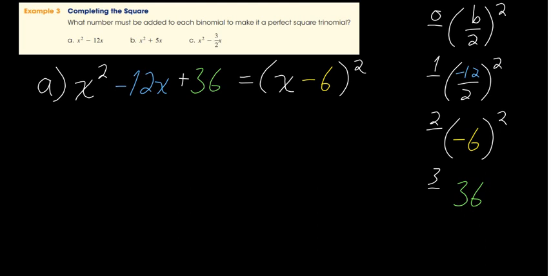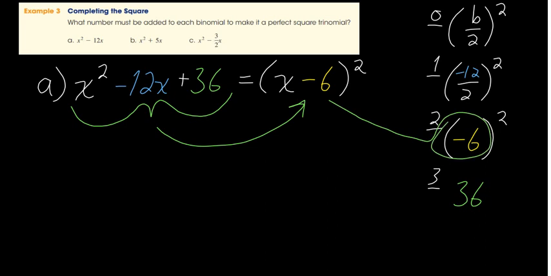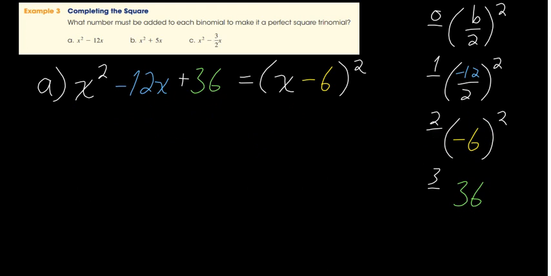You could, and there's nothing wrong with it, take this particular trinomial and factor it. But when you factor it, you'll get to this. Again, the x minus 6 quantity squared, well, that minus 6 comes from over here. So it makes it nice, kind of neat, and easy to follow. So let's try b.